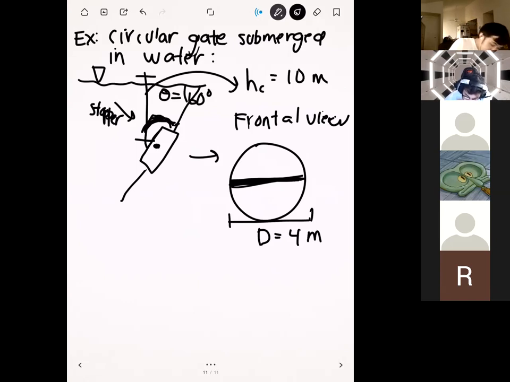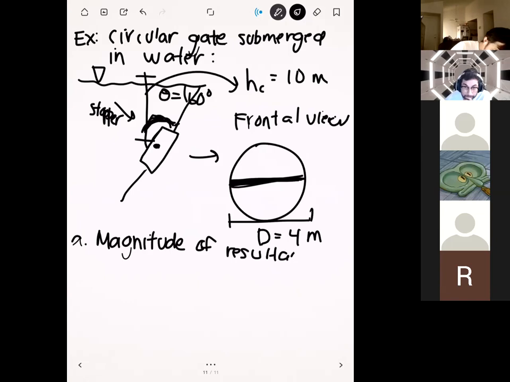Okay. And so let's compute two things. The first thing is let's compute the magnitude of the resultant force. We're basically just going to apply the formula that we did before. And let's find the location.